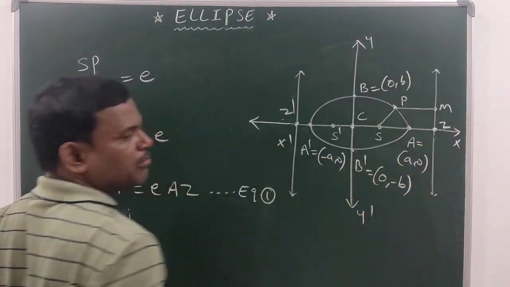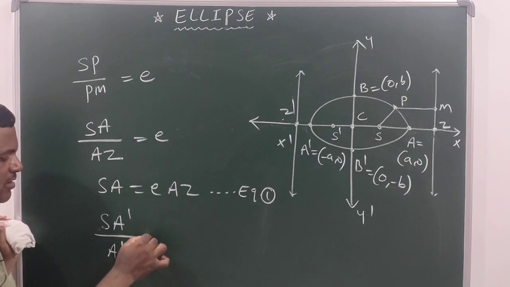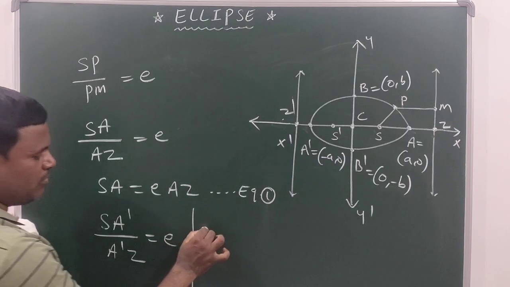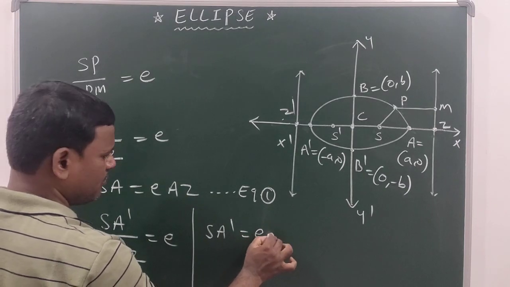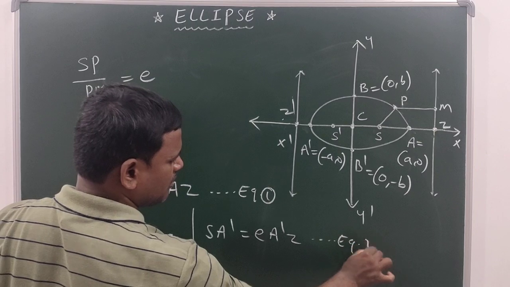This directrix only I am considering. So what do you get? SA dash by A dash Z is equal to E. Now bring it to the right side, and we get SA dash equal to E of A dash Z. Let it be equation 2.